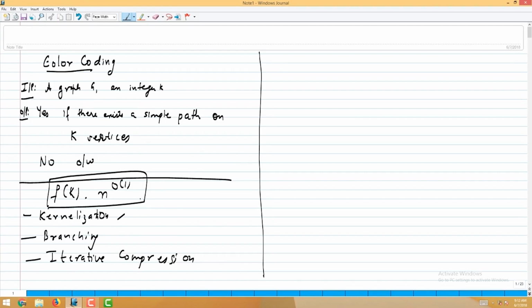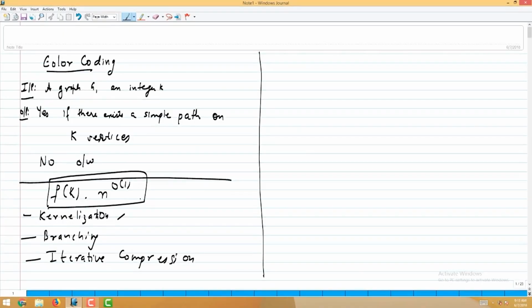This was the goal. So again, for color coding also, instead of solving this problem, we'll solve a slightly different problem, which is basically the colorful version of this problem. I'll define what that is. For example, in iterative compression, we solve the compression version of that problem. Here, we'll solve a colorful version of that problem.